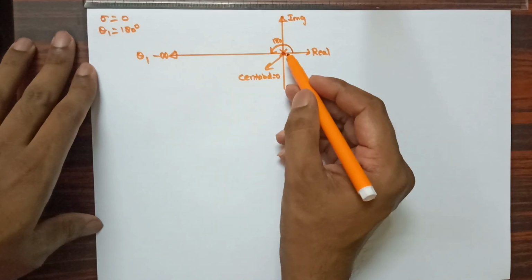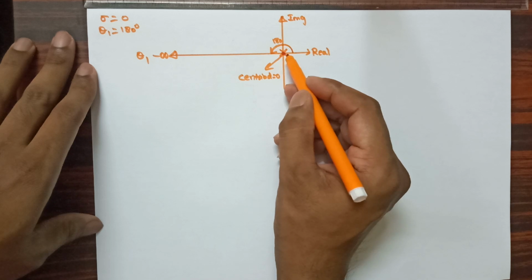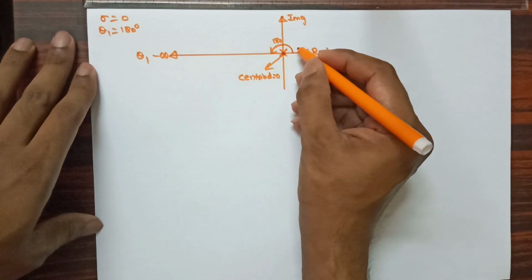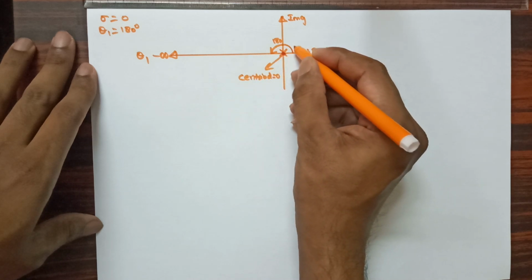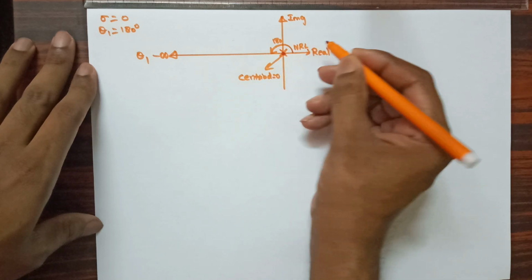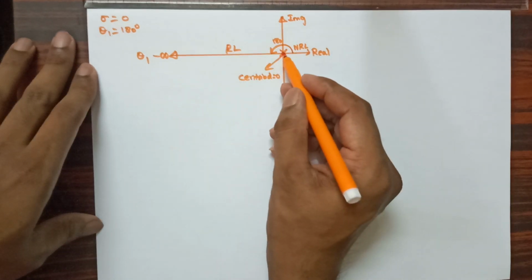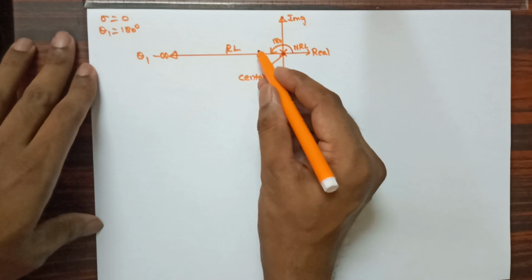Now we know that at the origin we have the pole, and when the input is given, this pole will move in the root locus path. Now we have shown the root locus path and no root locus path. This is no root locus path and this one is a root locus path, and the pole moves only in the root locus path.